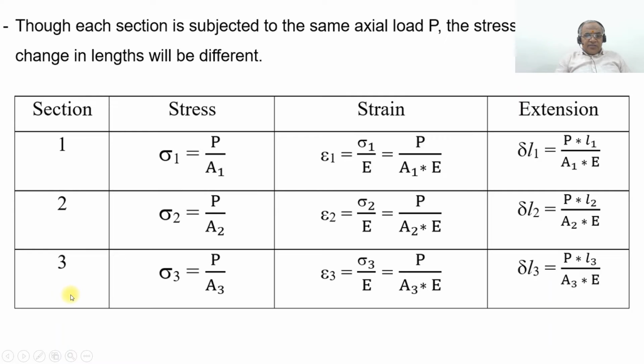Similarly, for section 3, sigma 3 equals load divided by area of cross section at section 3, that is P by A3.